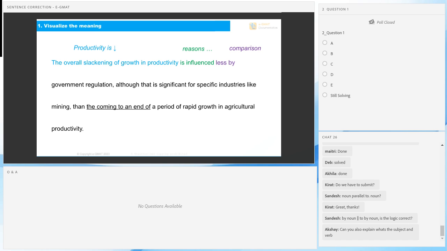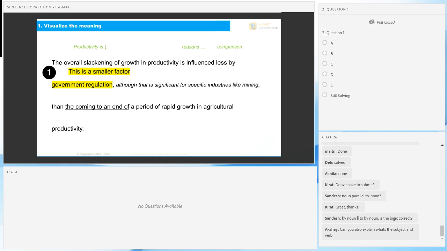So the productivity is going down. The author has presented reasons, and the author has given a comparison, which means that there would be at least two things. Because if there is a comparison, there have got to be at least two entities there, right? Okay. Let's move further. Less by government regulation.